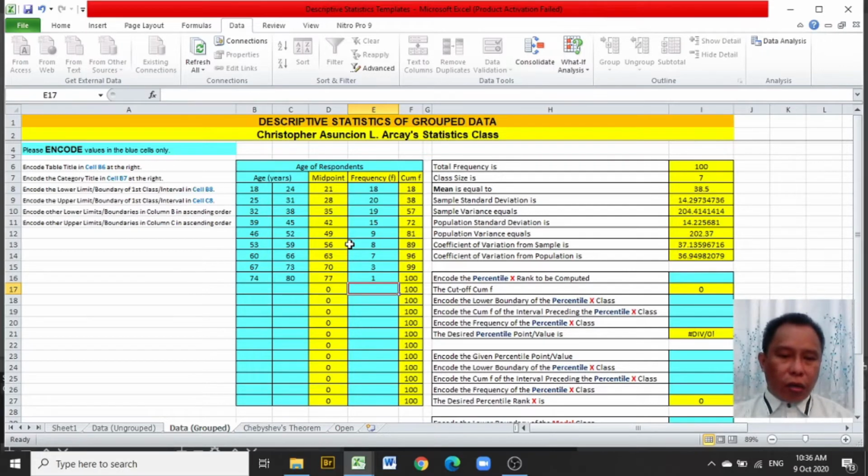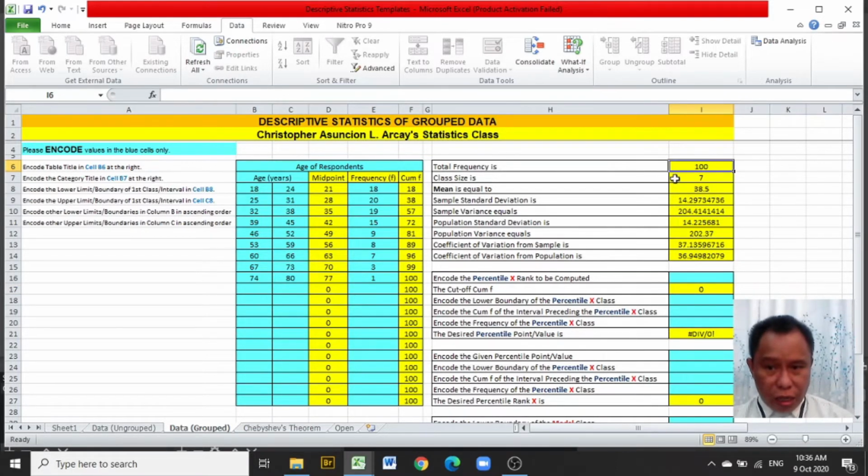After encoding all the intervals and their corresponding frequencies, notice that the values appear in the formulas in column I. Example, the total frequency is 100 because there are 100 different ages.